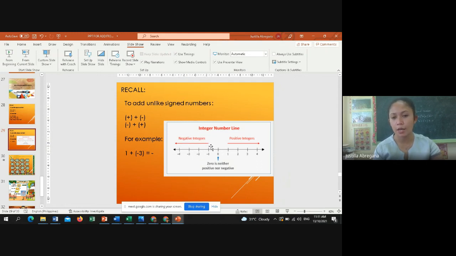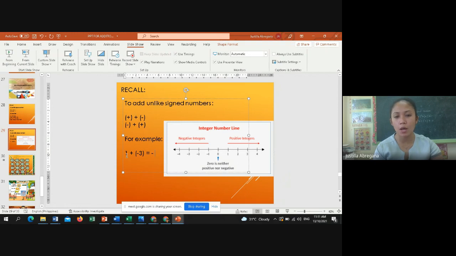At the center, we have 0, and going to the right is positive, and going to the left is negative. Whatever number is farther from 0, we will base the sign of our answer on that number.